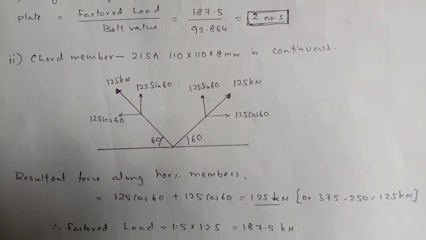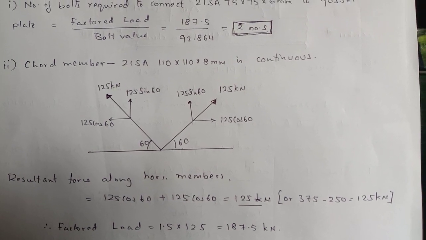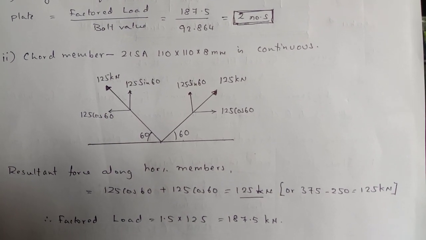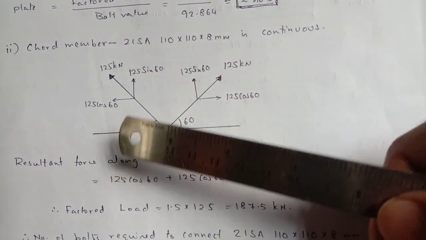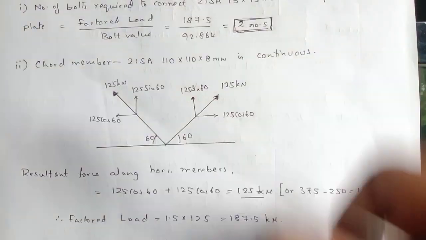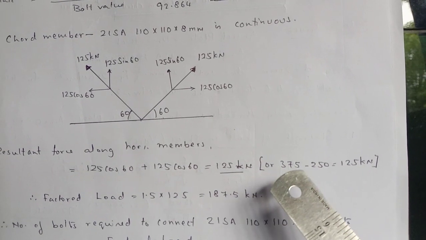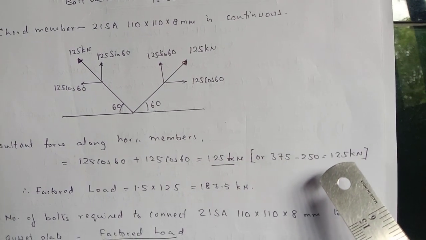Now again I have to do one more connection, that is a chord member to be connected to the gusset plate. So for that, a chord member is assumed to be a continuous one. So these two are the loads, or the resultant load is nothing but 375 kilonewton minus 250 kilonewton works out to be 125 kilonewton.